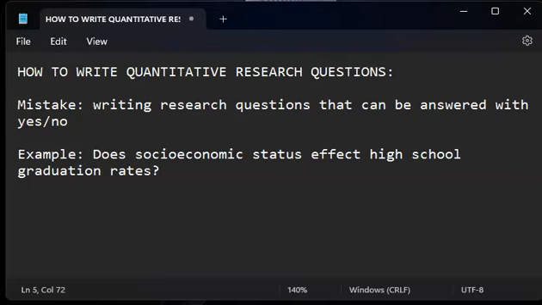So for example, if I wanted to look at socioeconomic status, race, ethnicity, gender, previous year's grades in English, maybe father and mother's employment status, a number of different things that could lead to variations in high school graduation rates, I can put all of those variables, if I measure them in a quantitative way, into a statistical model that will tell me which one has the biggest impact on high school graduation rate.